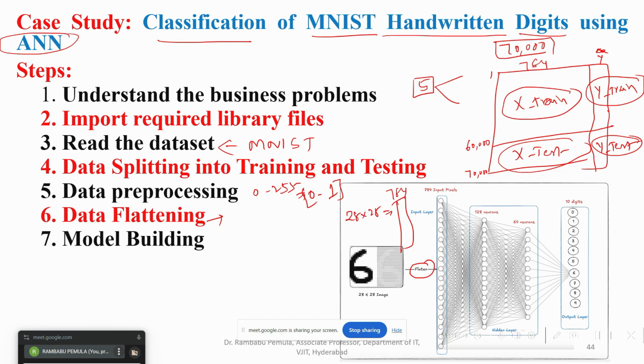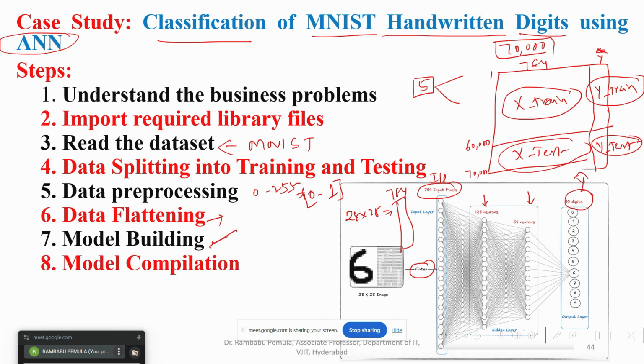Then build the model. Building the model means, based on your input features and the corresponding class labels, which are the output y cap value, we define how many hidden layers there are and how many neurons are in each hidden layer. That is model building.